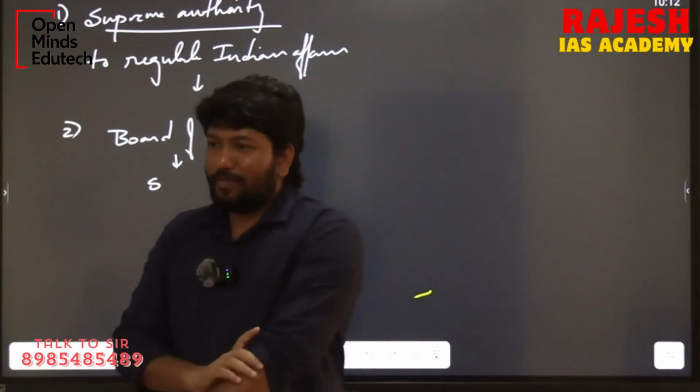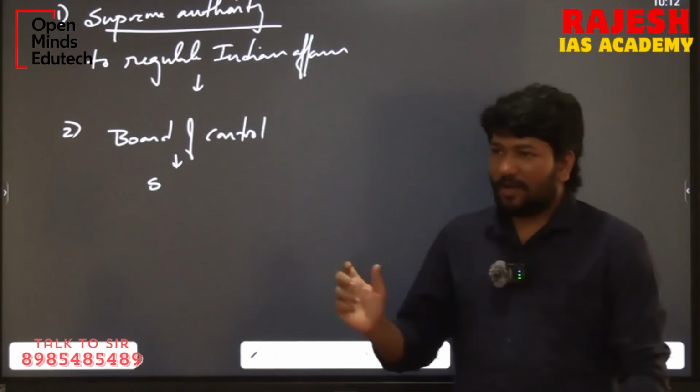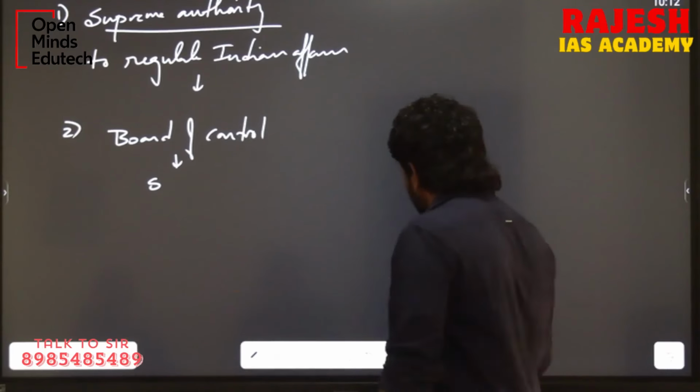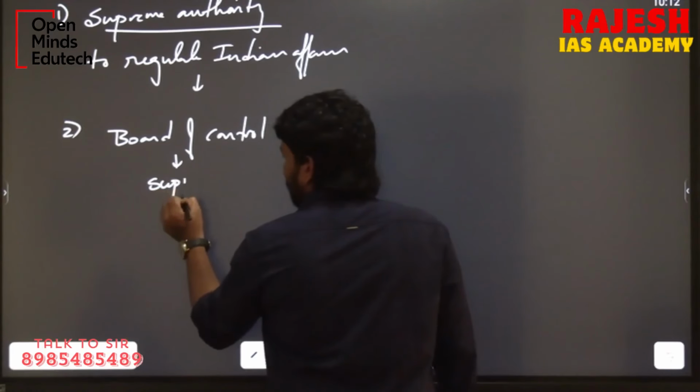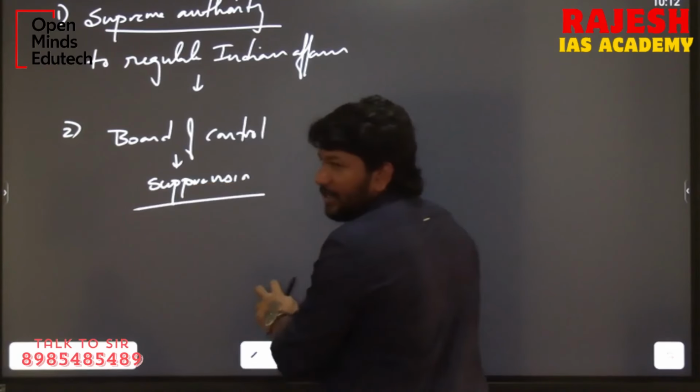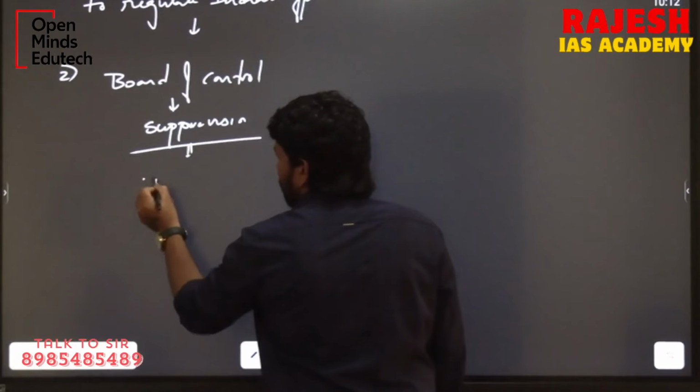So the Parliament has supreme authority to control, through the Board of Control. It created a separate department. So the Board of Control will supervise Indian affairs. What does Indian affairs mean? Indian affairs.